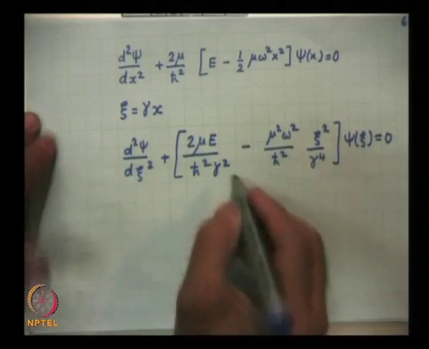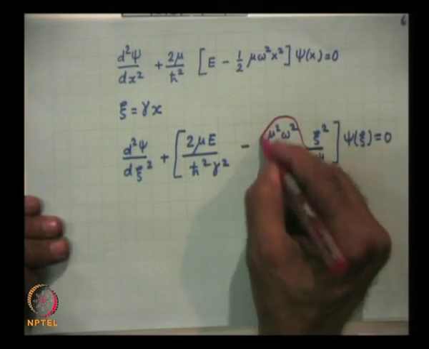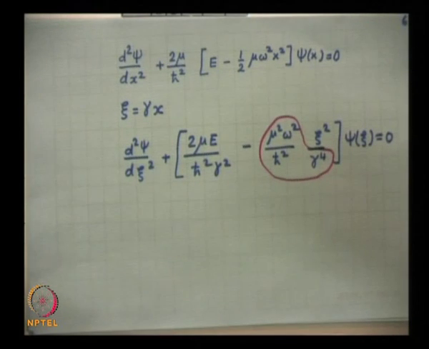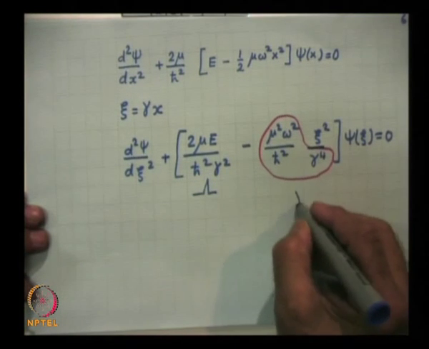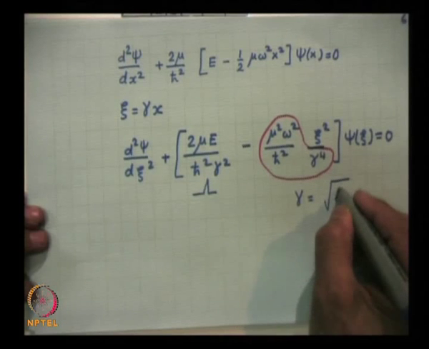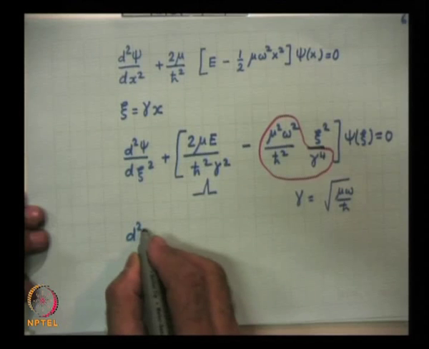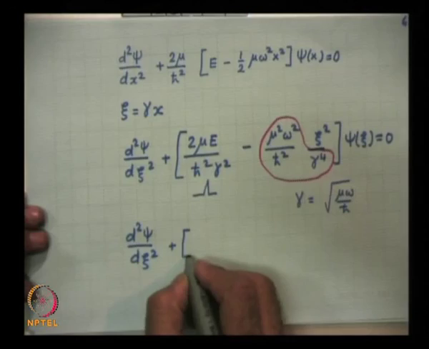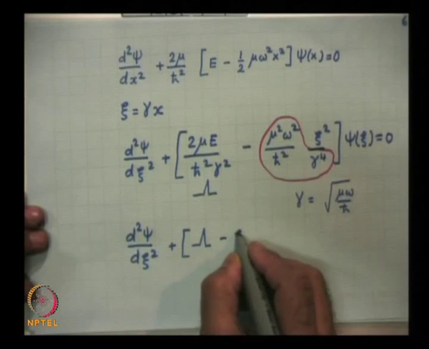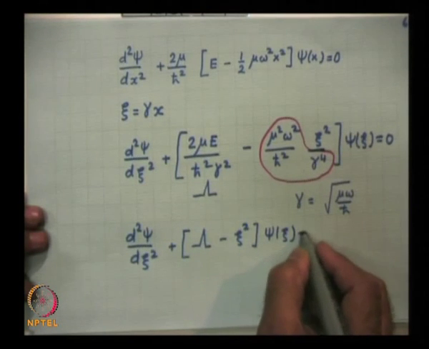So, I choose my gamma, which I have done before, so that this is 1. And this I put as lambda. So, I choose my gamma so that this is equal to under root of mu omega by h cross, and so therefore, the Schrodinger equation becomes for the harmonic oscillator problem d2 psi by d xi square plus lambda minus xi square, psi of xi is equal to 0.